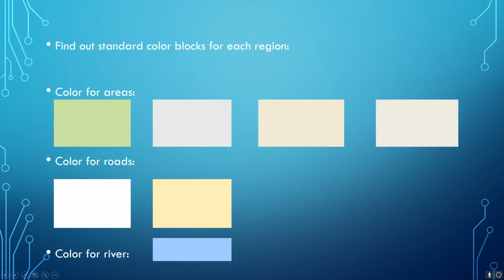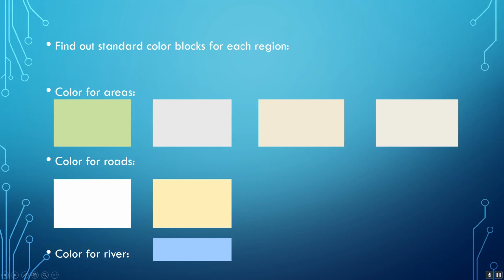Like here, the four blocks are for areas. The area means buildings, grounds, anything except roads. And we have two colors of roads. They are white and yellow. These two blocks mean if the color of this pixel is the same as any of them, this pixel should belong to roads. And also we got some river blocks.